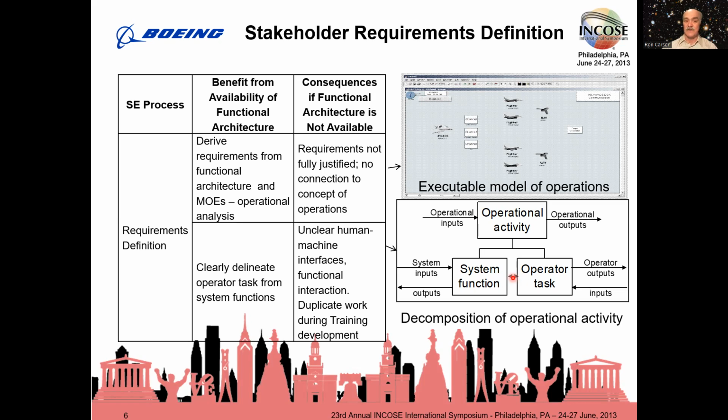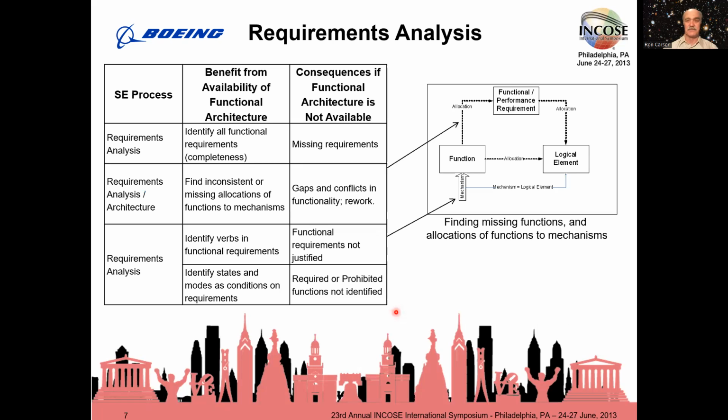And we can use the functional architecture to capture those things as we're developing the system definition. So this is extremely powerful, and it enables us to capture what the operator must do early on rather than waiting for just training development when the system is all defined.